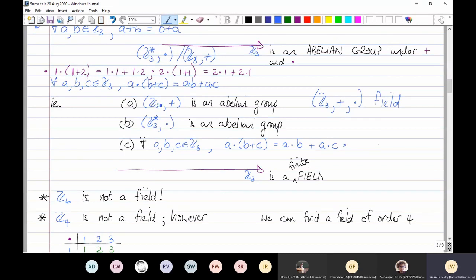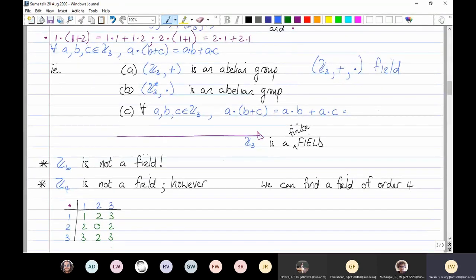So we want that Z3 under addition must be abelian. The non-zero elements must be abelian under multiplication. And then we want the following, distributivity. But you'll notice that I didn't write the right-hand side, because in some books they just give you the left distributive law.